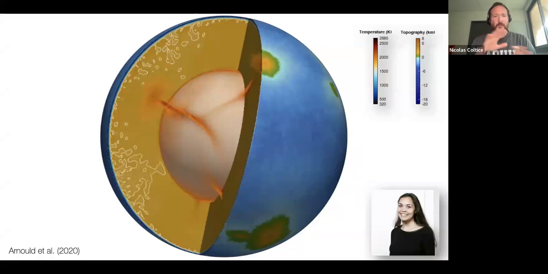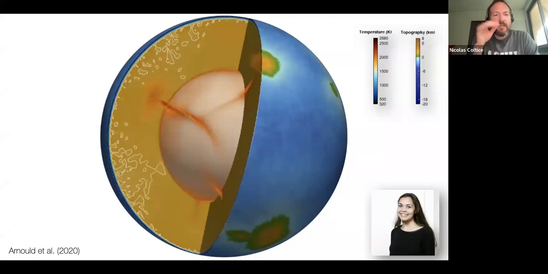The temperature is quite homogeneous, and you have big plumes that start from the base of the mantle, the core mantle boundary, and they rise up to the surface.